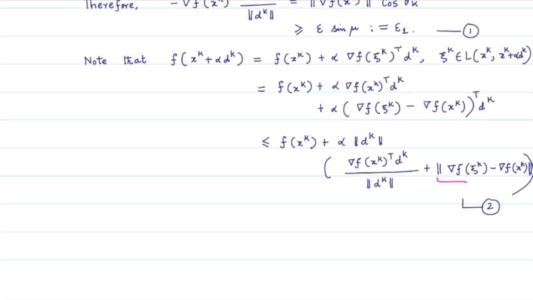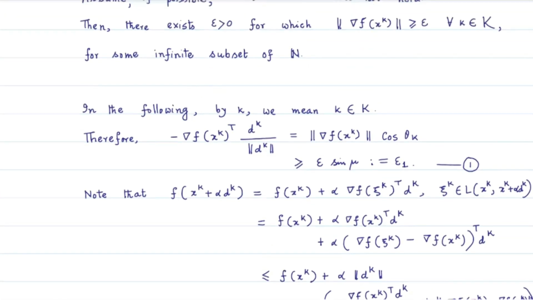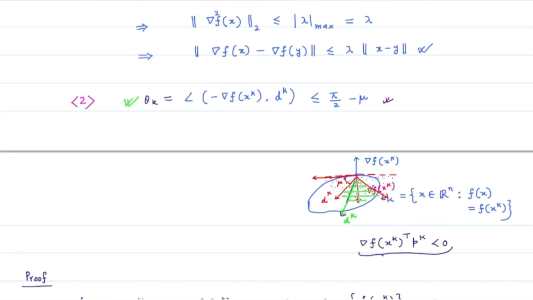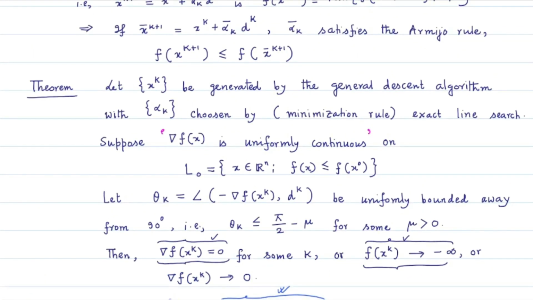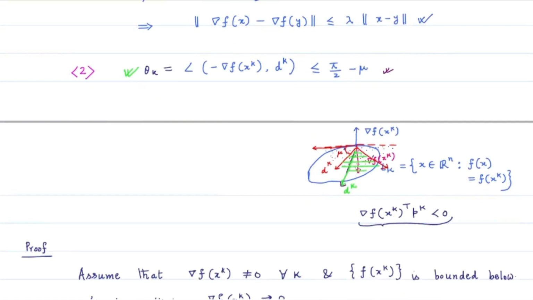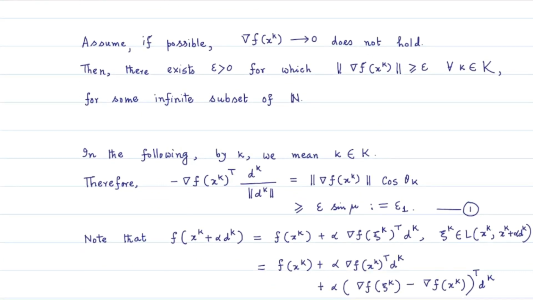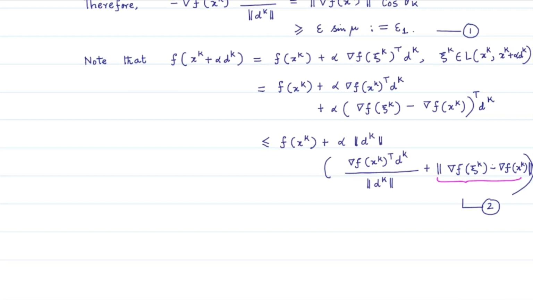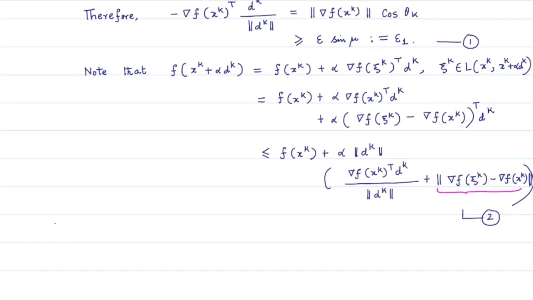Now we look at this expression. As the function grad f is uniformly continuous on L naught, if we assume that the initial level set L naught is a convex set, then we see that this entire line segment xk to xk plus alpha dk is inside L naught, and thus xi k is also inside L naught, and inside L naught the function grad f is assumed to be uniformly continuous.